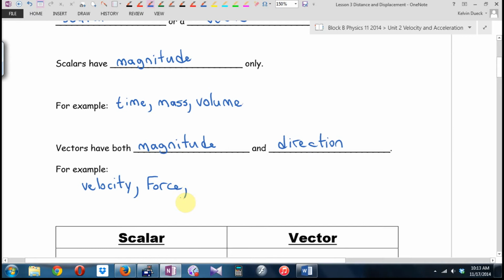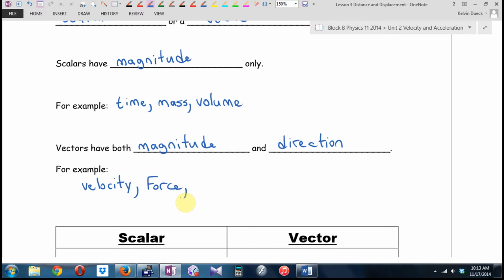Force is going to be a vector. It matters which direction you push things. If I push this way and this way, that's very different from pushing this way and this way. They'll have very different results.